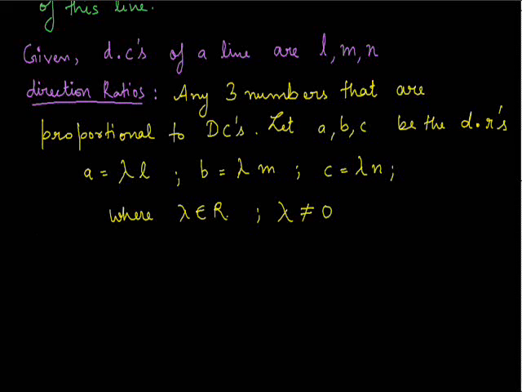Similarly, another type of question that may be asked is like this. If the DRs, that is direction ratios of a line, are A, B, C, and you need to find the direction cosines.